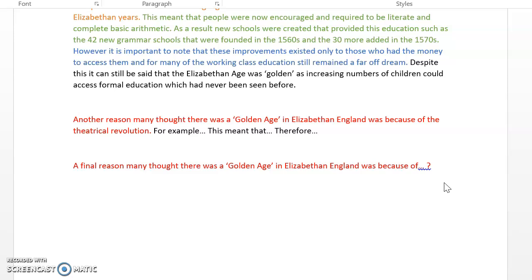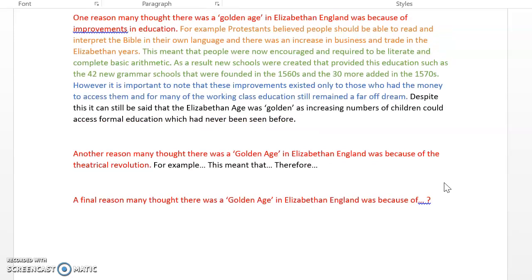You can talk about Francis Drake and his circumnavigation of the globe in 1577. You could talk about poor laws, the introduction of poor relief, especially the Vagabonds Act of 1572 that established a national poor rate. So all these improvements in life, in discovery, that you could talk about as a golden age.